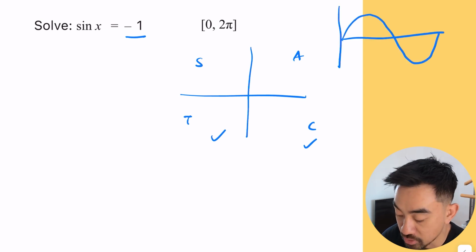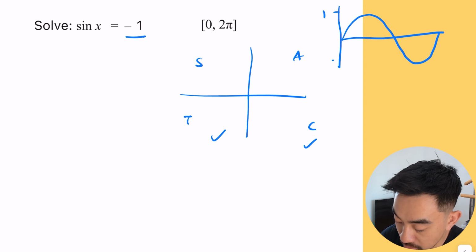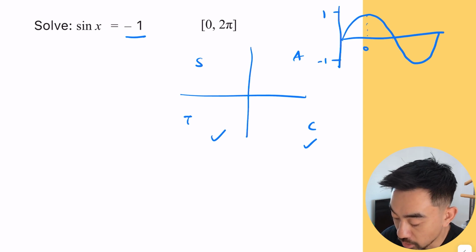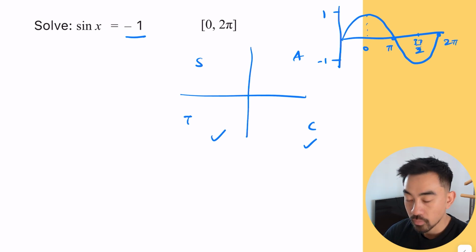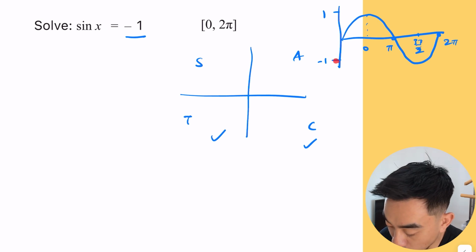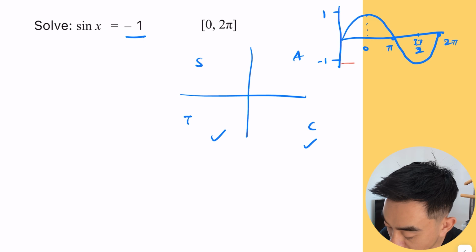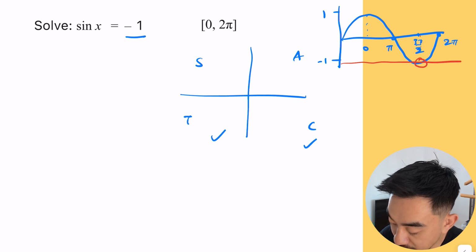So you need to know the graph of sine. So sine looks like this between -1 and 1. That's 0. That point's pi, that's 3 pi on 2, and that bit's 2 pi. So when does this graph equal -1? So you can see if I draw a line across, it reaches at this point here. That's 3 pi on 2.